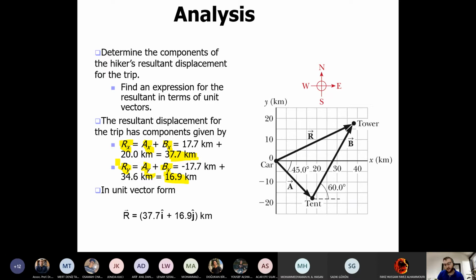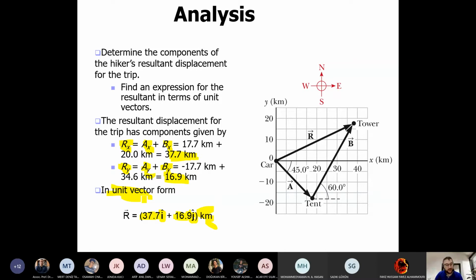Then you can write it in the unit vector notation. After the x component, you must write i hat plus, don't forget this plus, then the y component 16.9, and then j hat, okay? And don't forget to write also the unit. The unit is kilometer here.